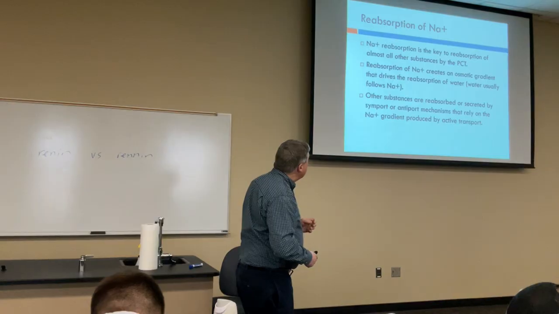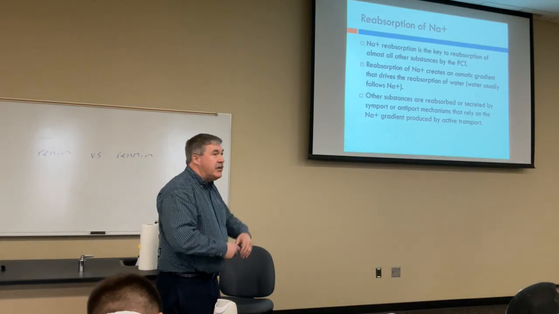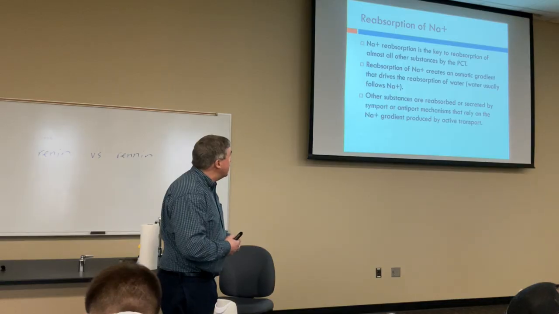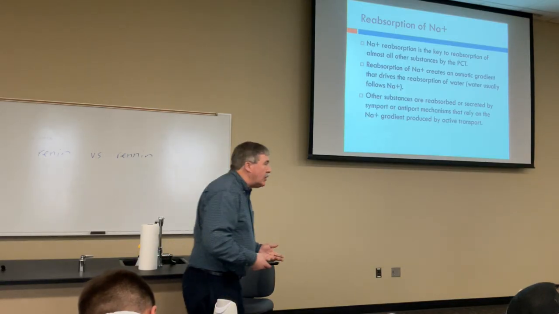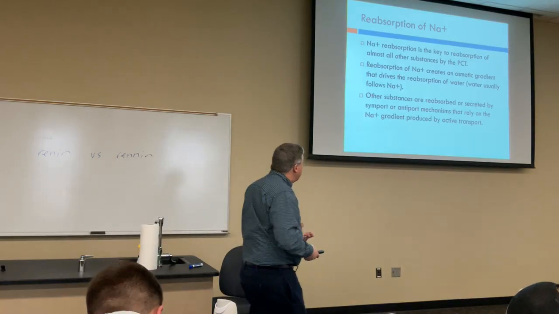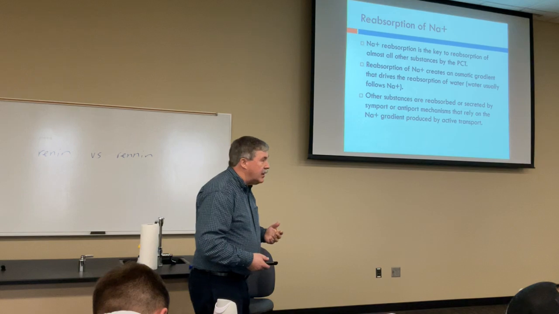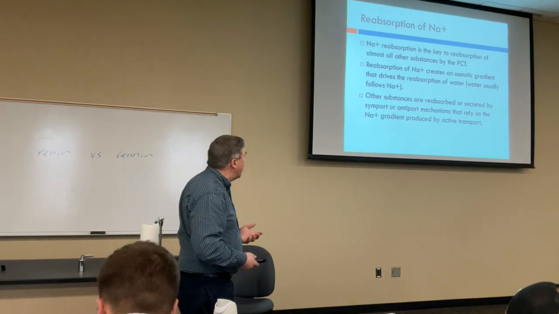So sodium reabsorption is the key to reabsorption of almost everything else by the proximal convoluted tubule. Reabsorption of sodium creates an osmotic gradient that drives reabsorption of water. And we'll see a diagram so you can see a graphical depiction of how it works.